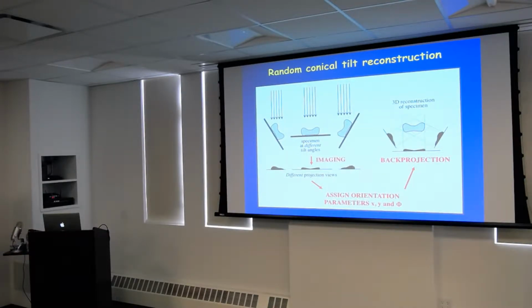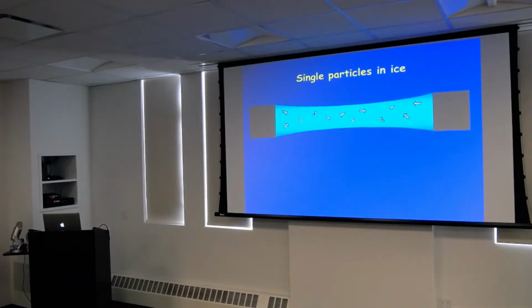And so the problem in this particular approach was that negative stain could actually distort your molecule. So you will get a very reliable 3D reconstruction, but the reconstruction might be affected by negative stain artifacts. But still, it was usually a fairly good way to start your 3D reconstruction.